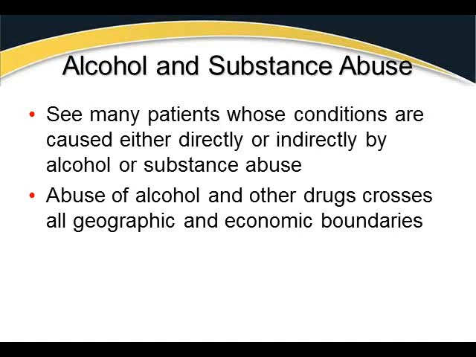Abuse of alcohol and other drugs crosses all geographic and economic boundaries. Usually the difference is what substances you're abusing. What can you get your hands on? Even the homeless, the urban outdoorsmen, can be substance abusers. Maybe that's all they spend any of their little hard-earned money or hard-begged money on, their substances.